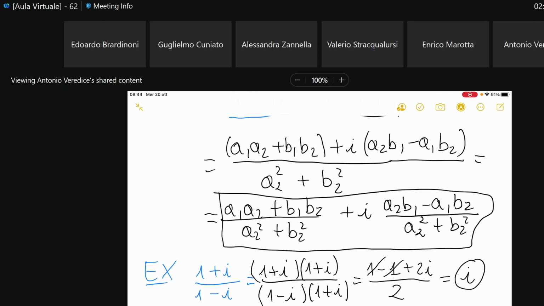The numerator is 3I minus I times I, which is negative 1, so it is plus 3. Separating the real part, it is 3/2, and the imaginary part is still 3/2. So 3/2 plus I times 3/2 is the solution to the second one. Have you got questions on this?